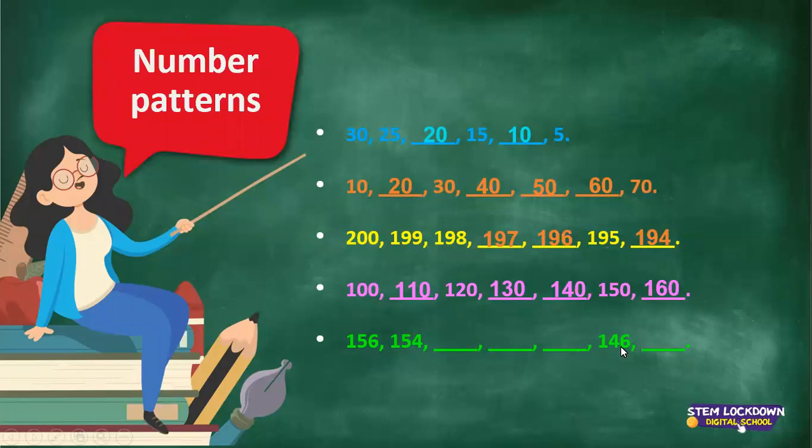So we're going down. Can you tell me with what are we counting down? Can you see that? 156, 154. Yes, we are getting down with 2. So we are going to go backwards in 2s.